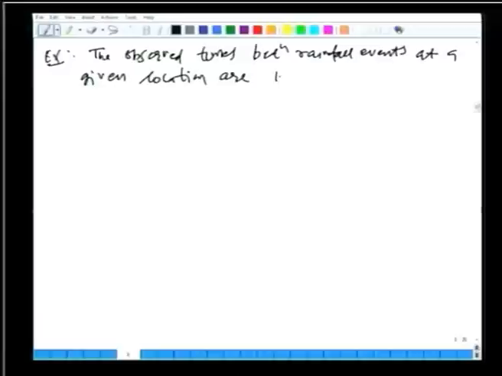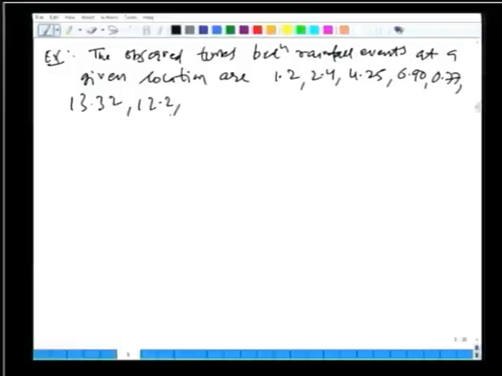These are the data that are given to us: 1.2, 2.4, 4.25, 0.90, 0.77, 13.32, 12.2, 9.2, 3.55 and 1.37.